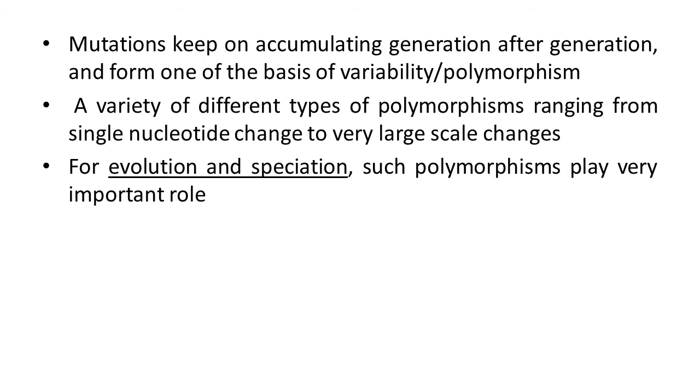It is due to the evolution process. In plants and animals also, evolution is observed, as well as speciation, meaning the formation of new species by gradually changing variation. So for evolution and speciation, such polymorphism plays a very important role.